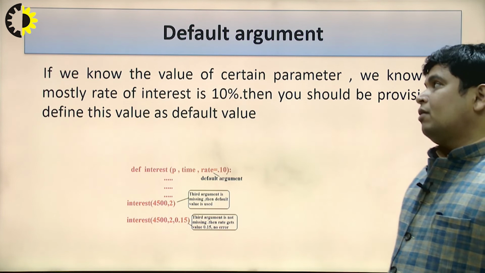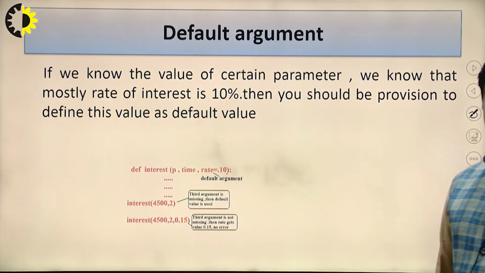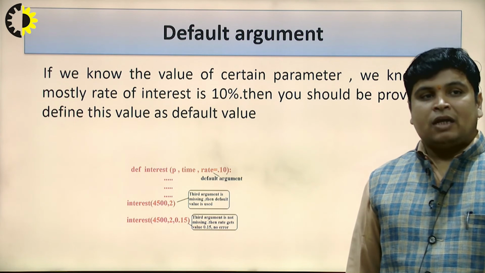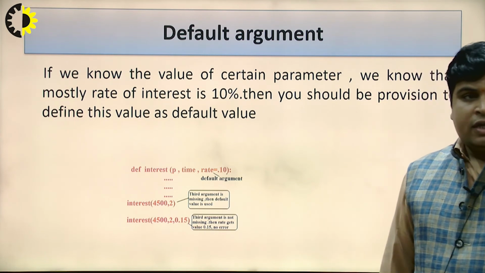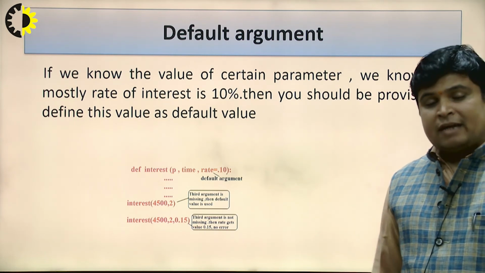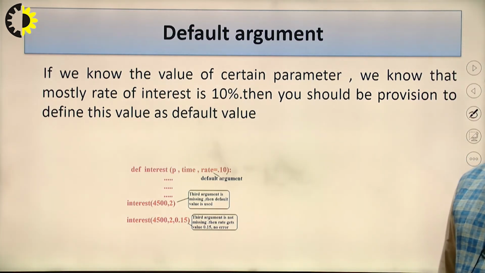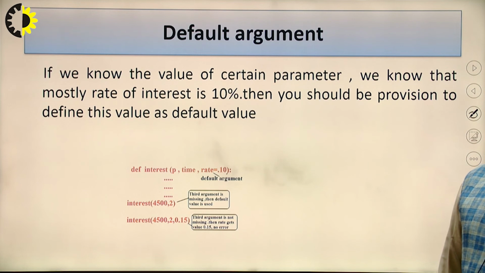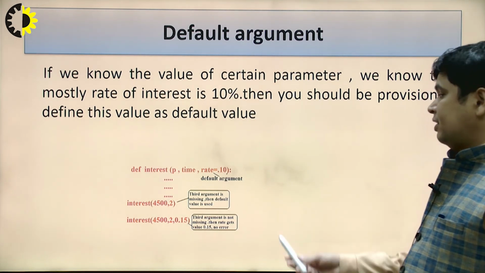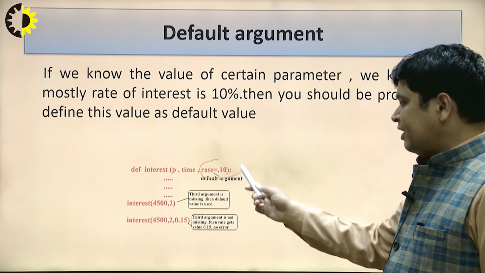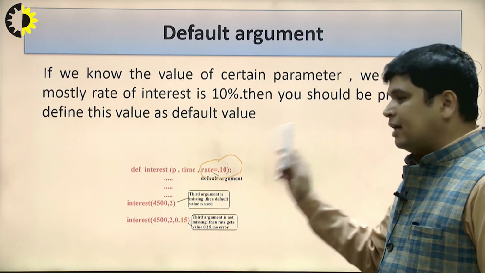Okay. Now, second one is default arguments. Basically, default arguments are those arguments where, if we know that mostly the rate of interest is 10%, then you should provision to define these values as default values. Okay. You will see here, inside this I have the rate of interest of the bank as 10%.